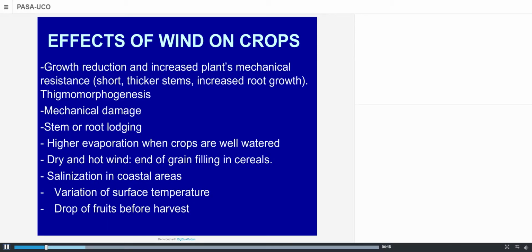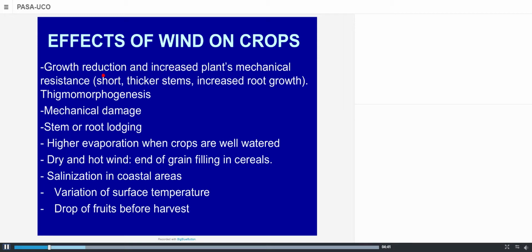The effects of wind on crops are various. First of all, when plants are subjected to mechanical stress, like that created by wind, there is a reduction in the growth of the aerial part, and there is an increase in the plant mechanical resistance.